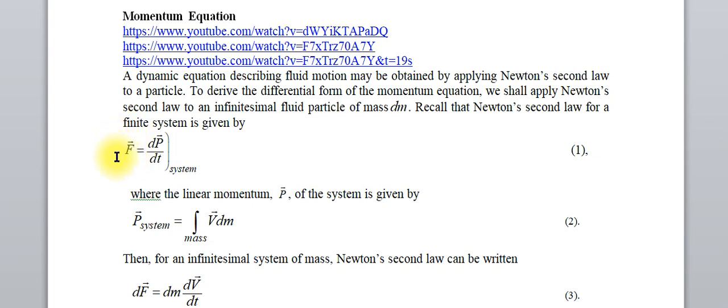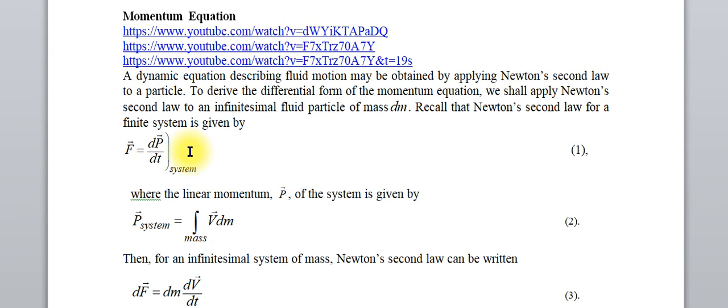Okay, and we have shown that 9 stresses may be developed.